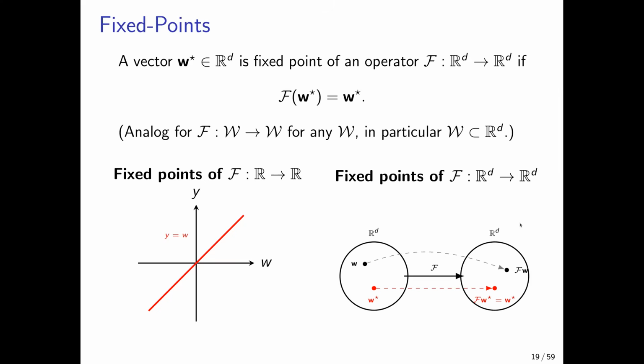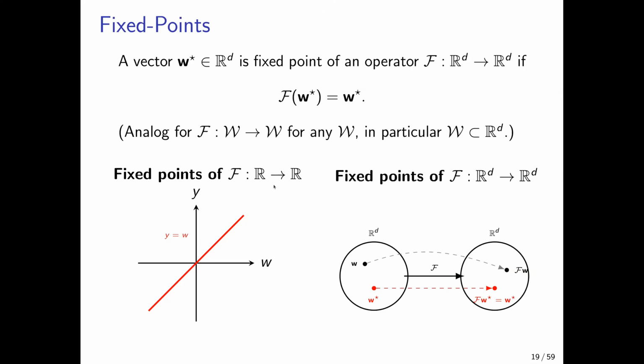Even though we have seen that before, we say that some vector w star is a fixed point of some operator calligraphic F mapping from R^D to R^D, if it is simply mapped to itself. Of course, we can also define this in the same way for functions defined just on some smaller domain.